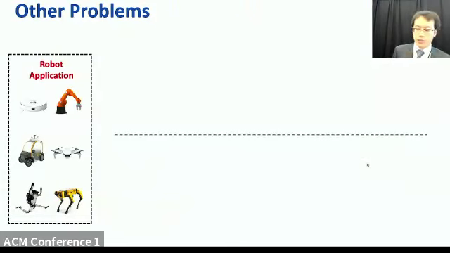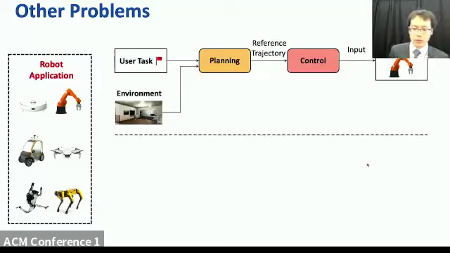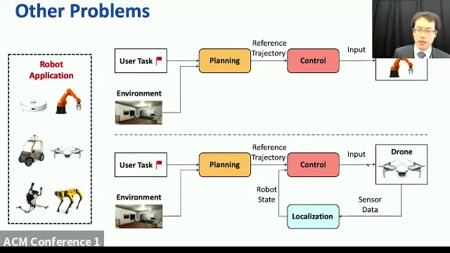In addition, different robotic applications may require different algorithms. For example, in a simple manipulator problem, probably only two algorithms, planning and control, are needed. However, in complex drone navigation, all three algorithms are needed. So a single accelerator is not suitable for these different robotic applications.